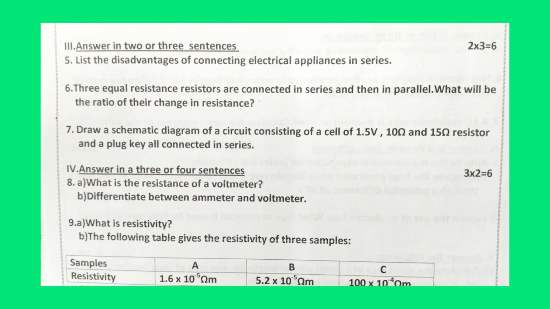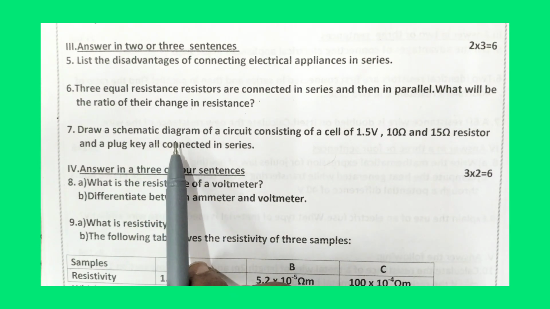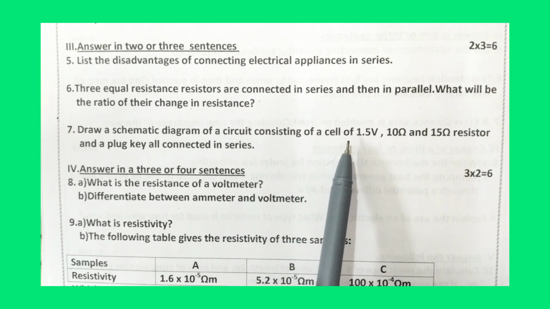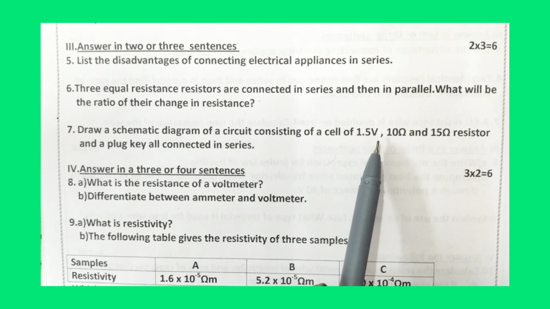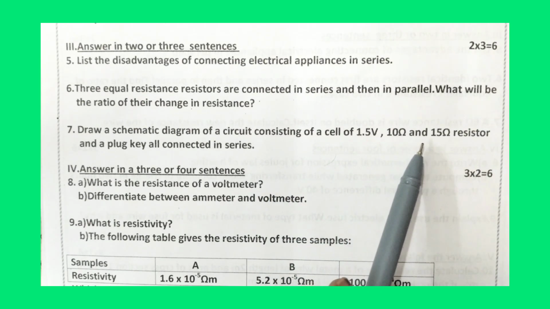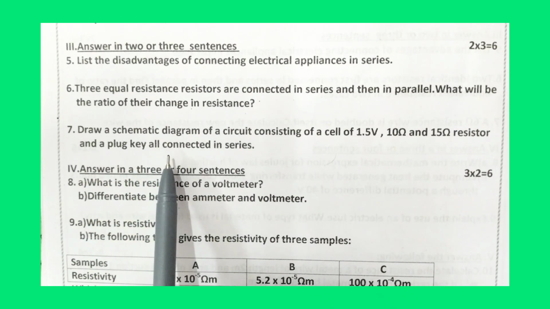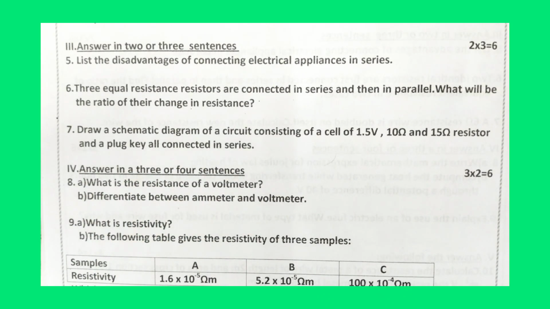In question number 7 they have given: draw a schematic diagram of a circuit consisting of a cell of 1.5 volt, 10 ohm and 15 ohm resistors and a plug, all connected in series. So let us draw the circuit diagram for this. This is the seventh question.